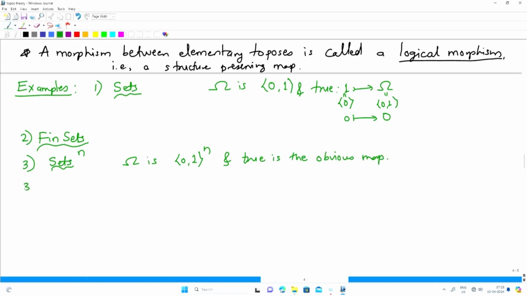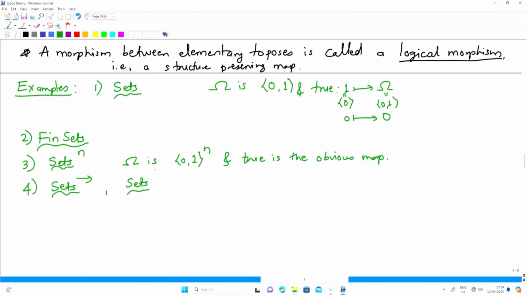But you don't just stop here. You can go ahead in a similar way. You can also describe sets to the power arrow. These examples I will invite you to verify yourself.